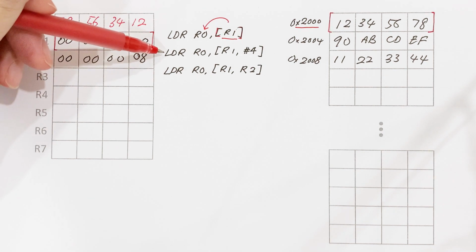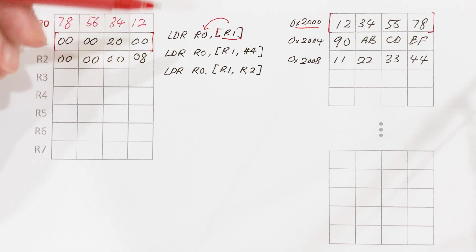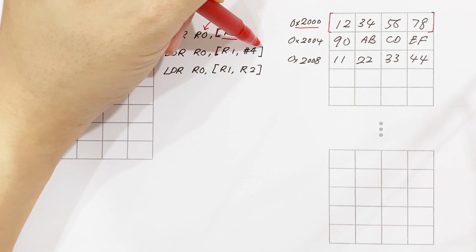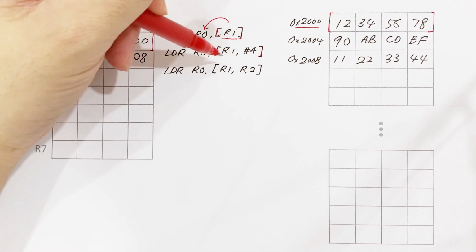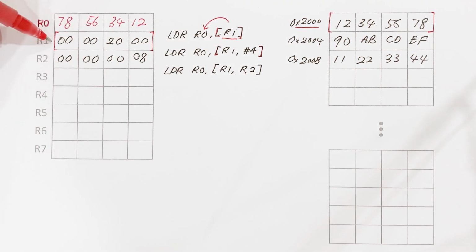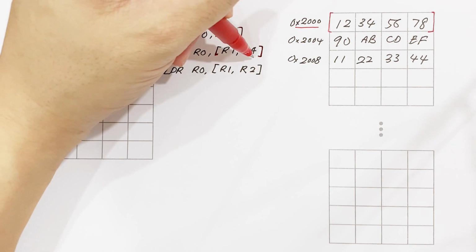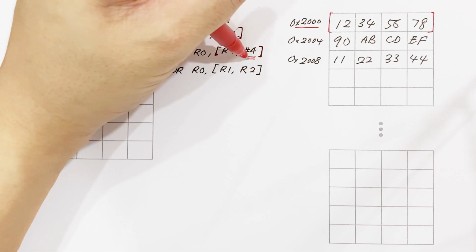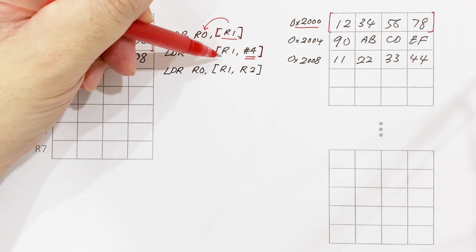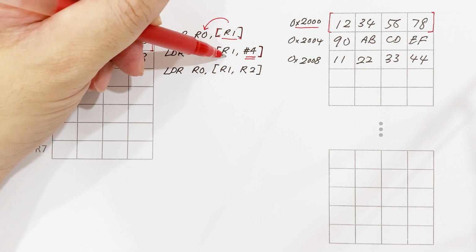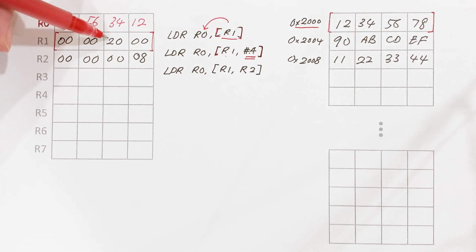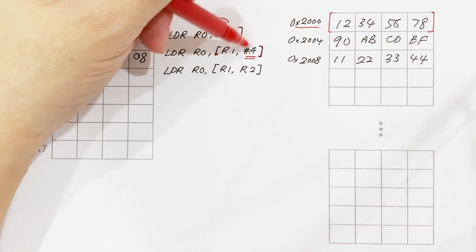And for the second one, the immediate offset, we have the same data from the memory, with R1 giving the memory location. However, there is an immediate offset, given by an immediate value. So the address is basically R1 plus 4, so 2000 plus 4.